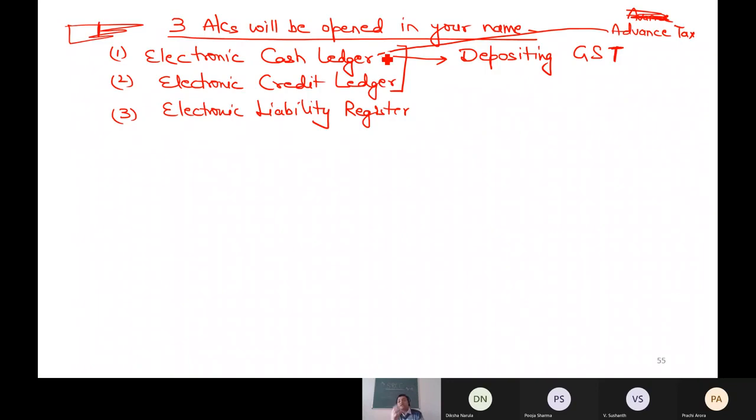That was not the actual GST liability, only the estimated GST liability. So in future when you pay the actual, you don't need to pay again; you use that balance. That is the electronic cash ledger. And what is the electronic credit ledger? It is where input tax credit on purchases is allowed.